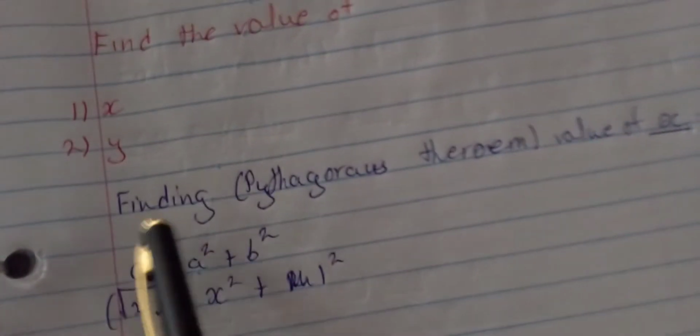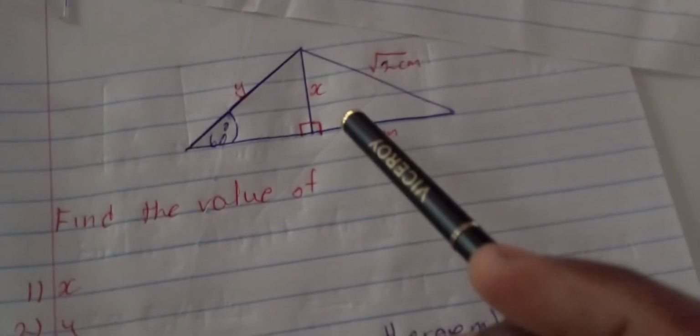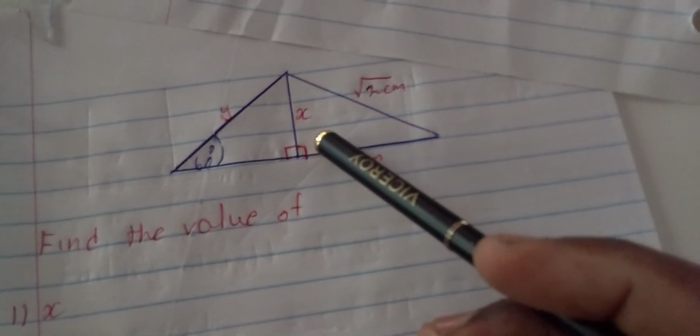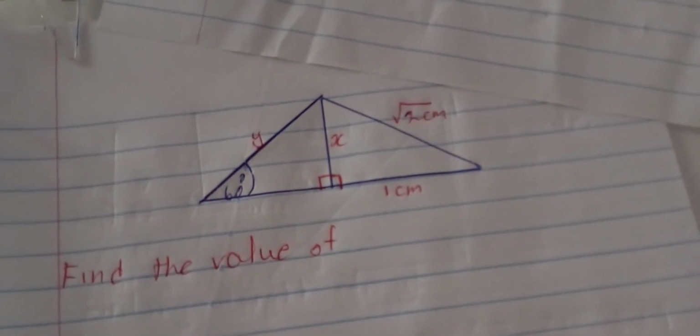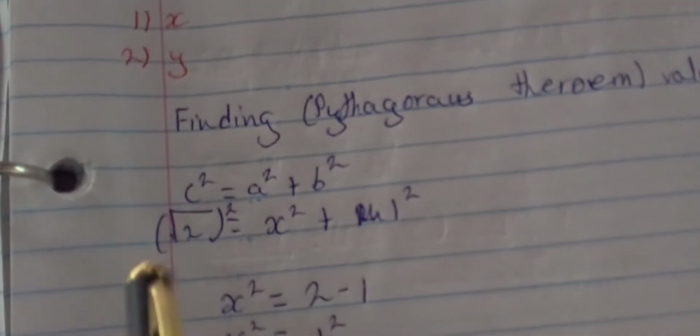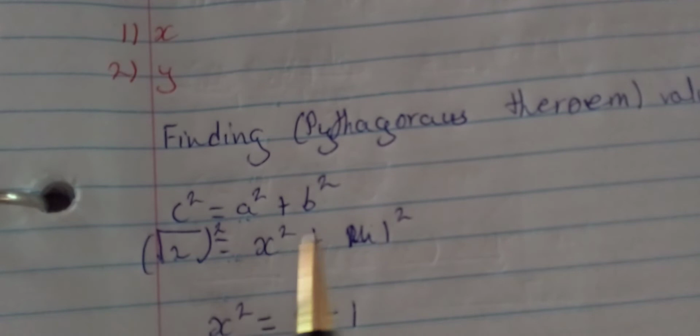Alright, guys, so finding the value of x using Pythagoras' theorem, we know that x is over here. I could pause the video and draw it so you can keep up. We know Pythagoras' theorem is c squared equals a squared plus b squared.